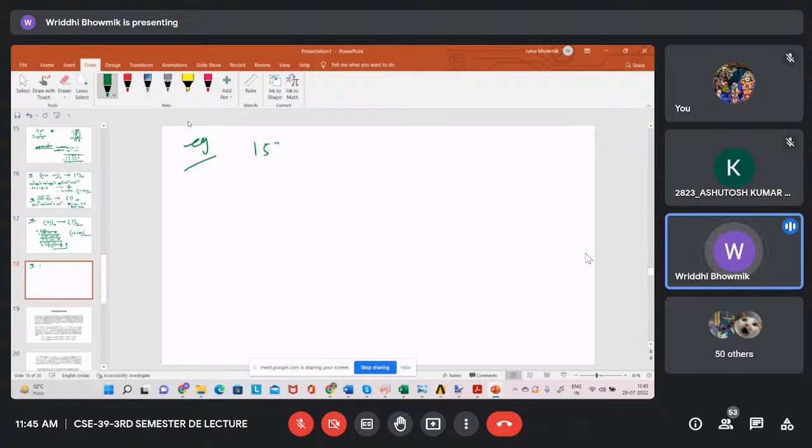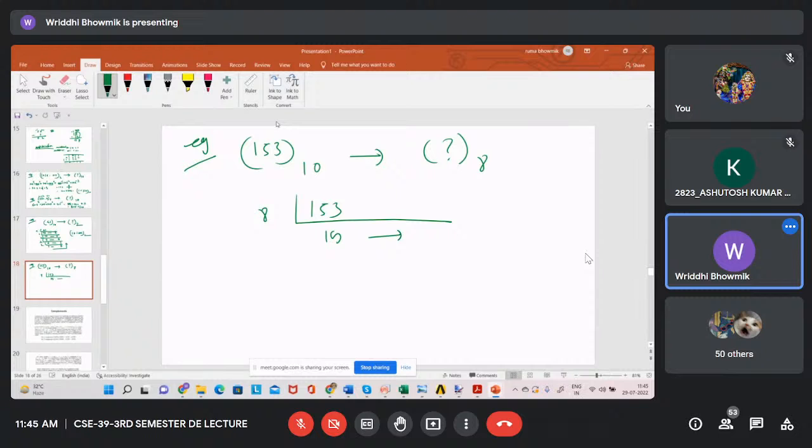This is the decimal number 153 base 10. You have to convert it to the octal. How to do that? Same thing. You have to divide this 153 by 8 because you are going from decimal to octal. So 153 divided by 8, you have 19. The remainder is 1.